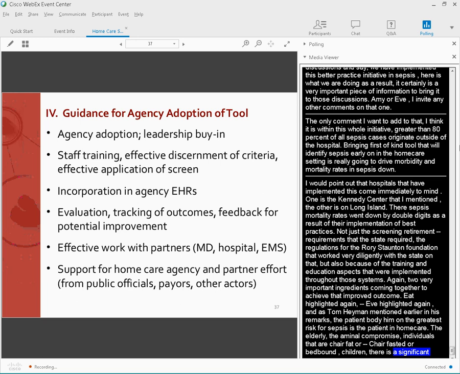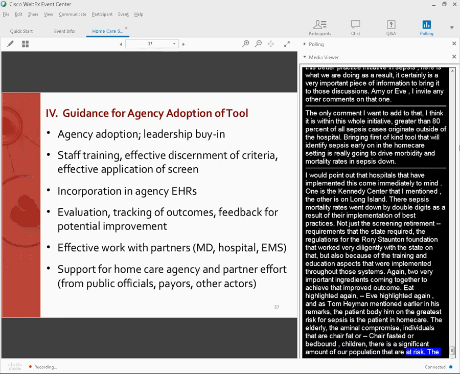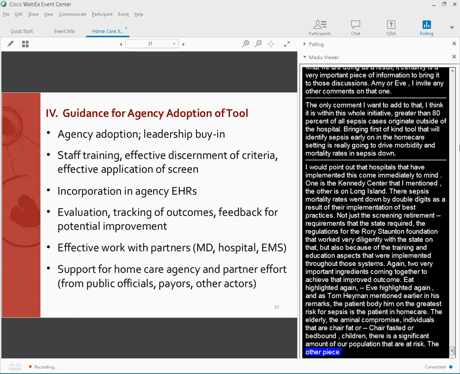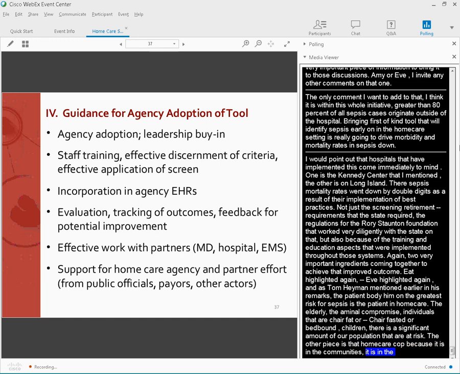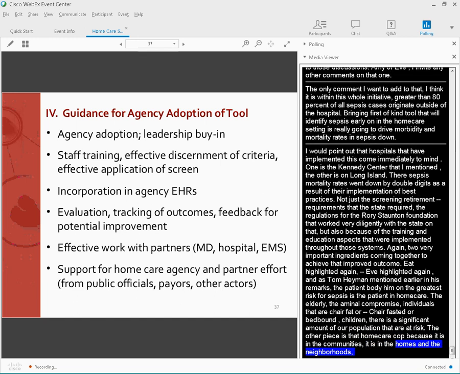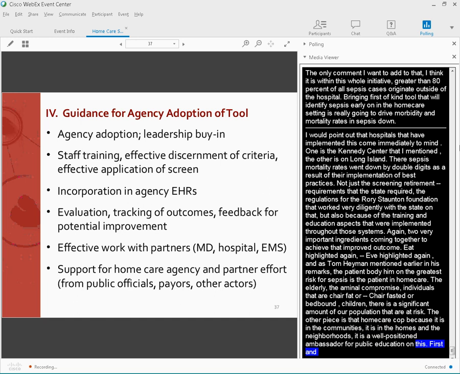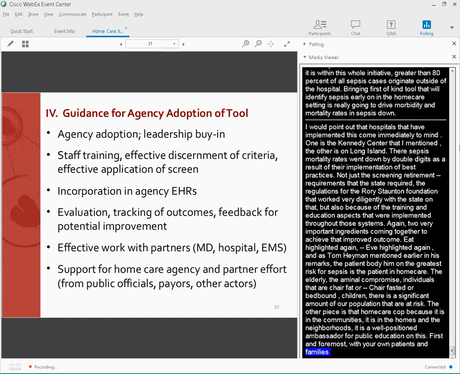And then the other piece is that home care, because it's in the communities, it's in the homes, it's in the neighborhoods, is a well-positioned ambassador for public education on this. First and foremost, with your own patients and families, as both Sarah and Eve have reviewed the Zone tool, but beyond that, in terms of the kind of community outreach that you typically do in areas of importance for community health.